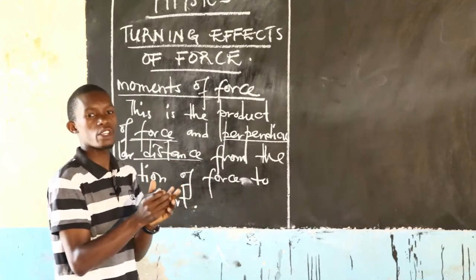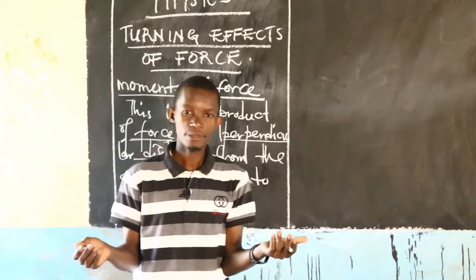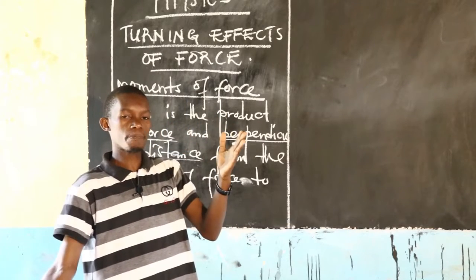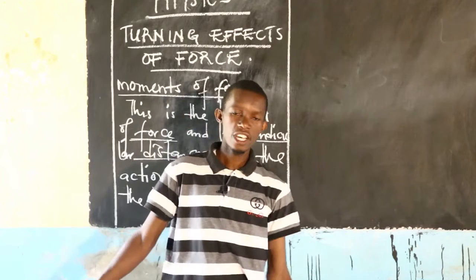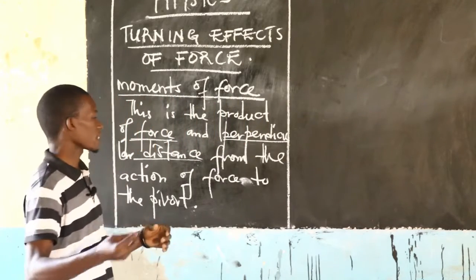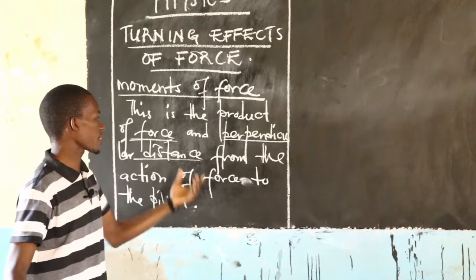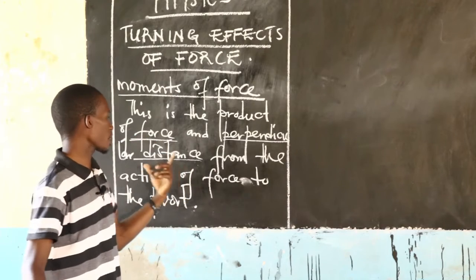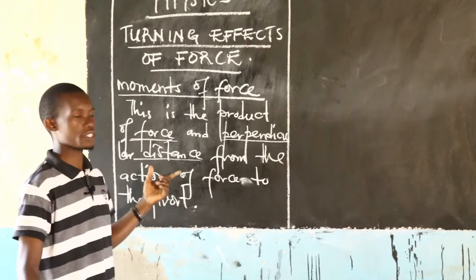It's like when you are on a seesaw. There is the turning point. This side there is a pivot. The other side there is a load. So where I have the turning force, now the pivot and the load is the forces. And the distance from the turning point is known as the perpendicular distance.